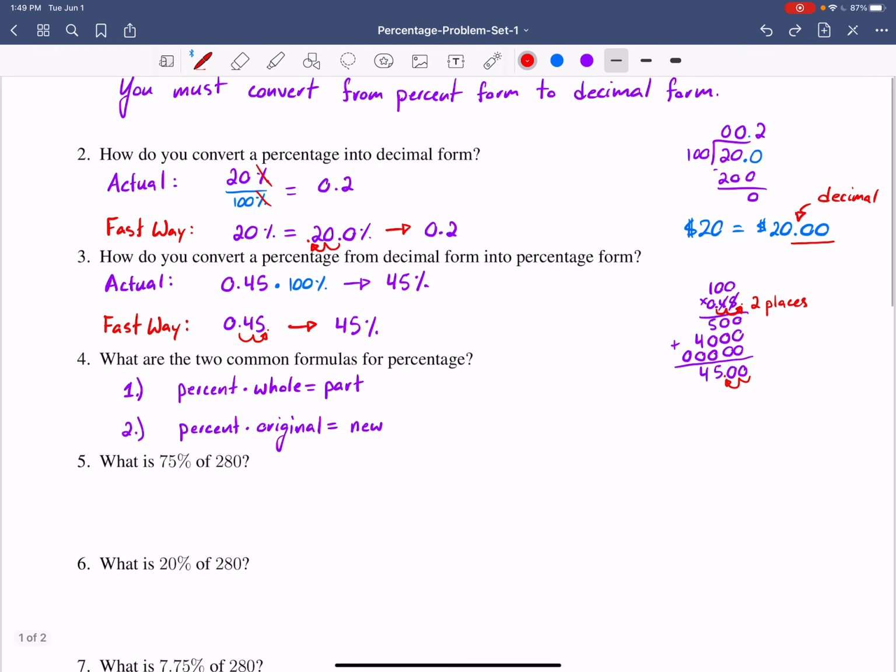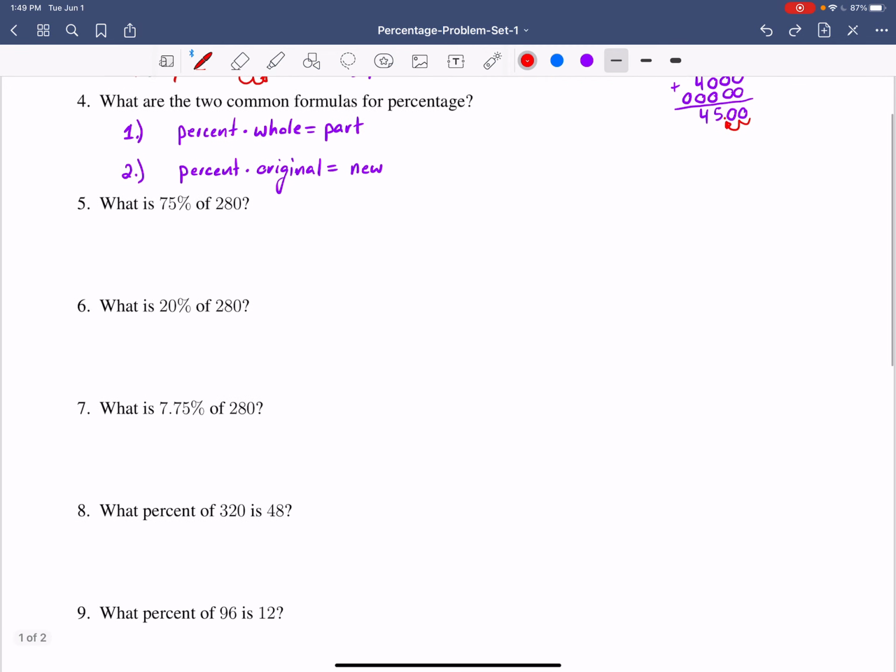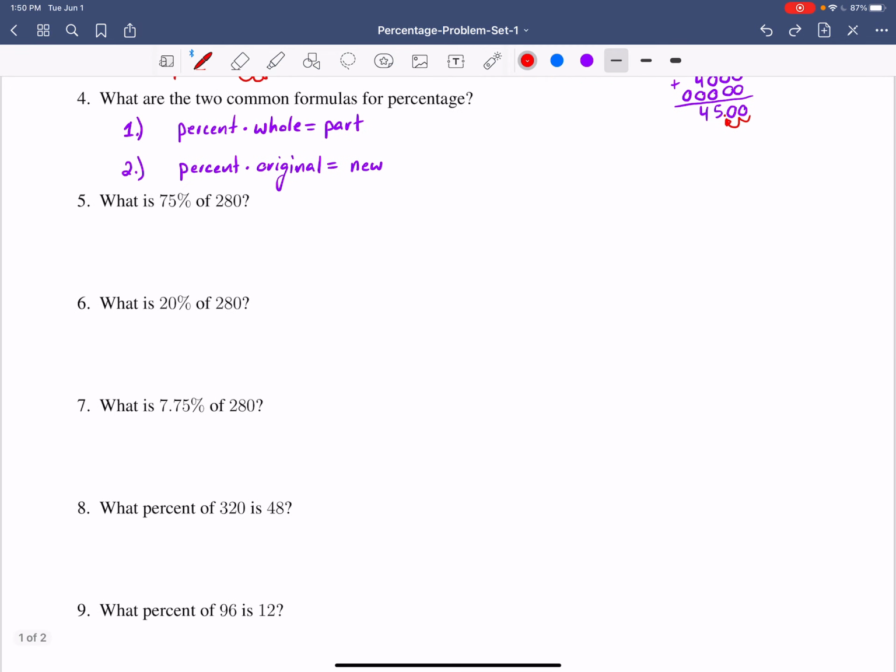Now, I have 3 different types of problems that I've put together for you. I'm only going to go over one of each of them. But the 3 things that you might need to solve for if you're solving a percentage problem, you may be asked to find the percent. You may be asked if you know the percent and you know the part that is that percentage of an original number, you may be asked to find the whole number or the original number.